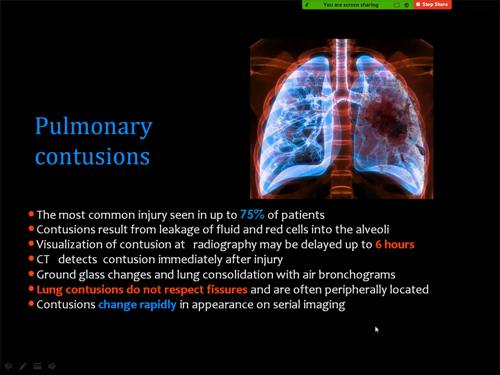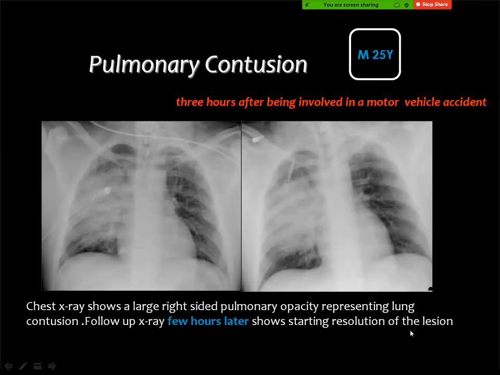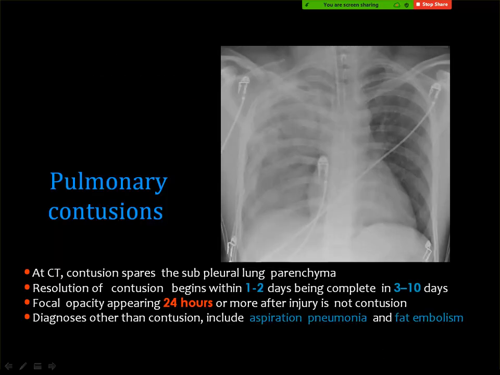But the aspiration pneumonia or the fat embolism do not change so rapidly, similar to a pulmonary contusion. Then if you see an opacity in the lung immediately or a few hours after the accident, consider pulmonary contusion, and the follow-up will show significant changes.